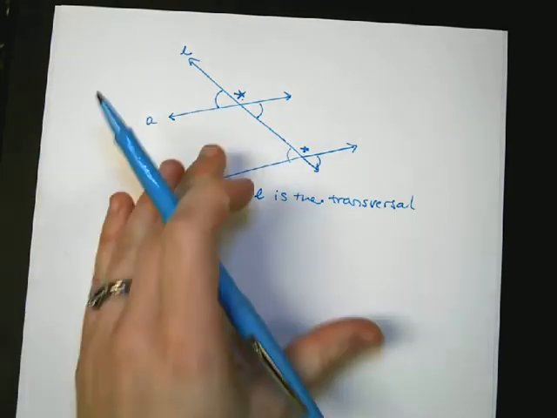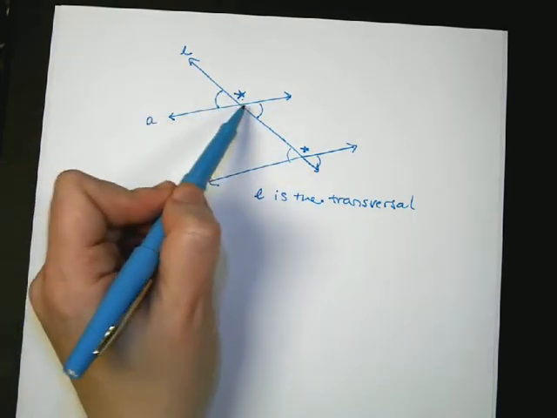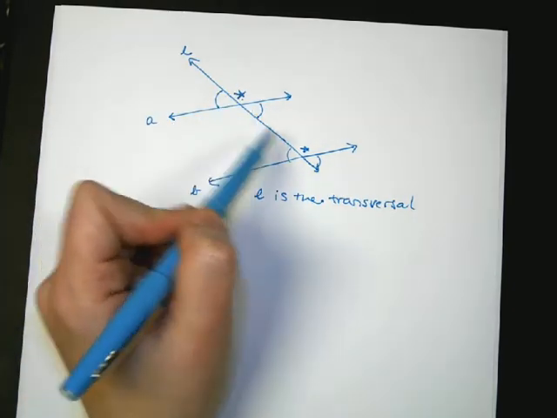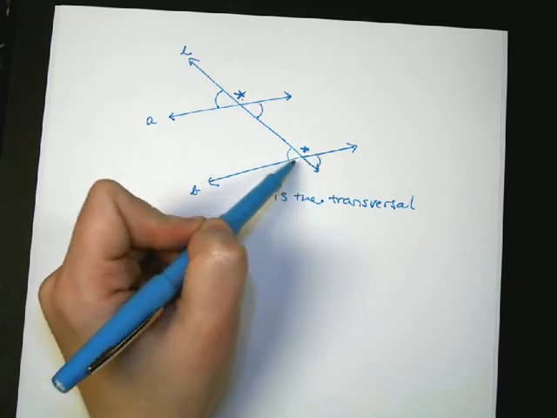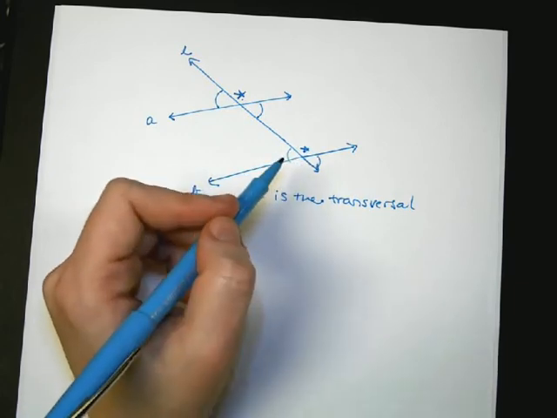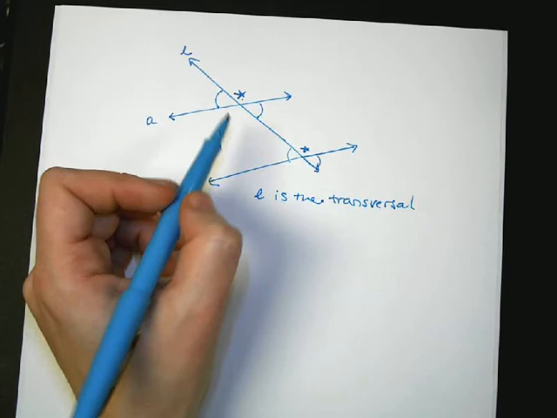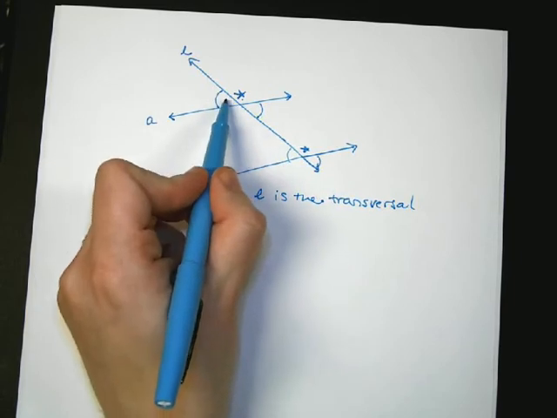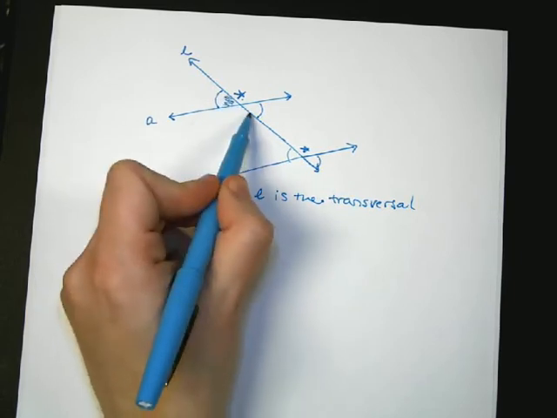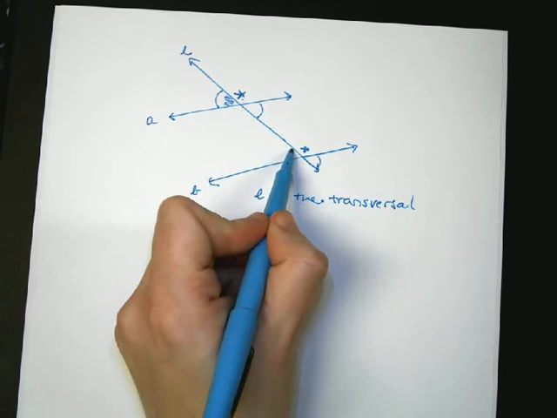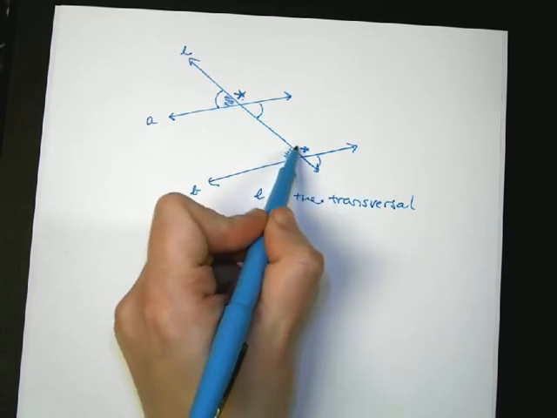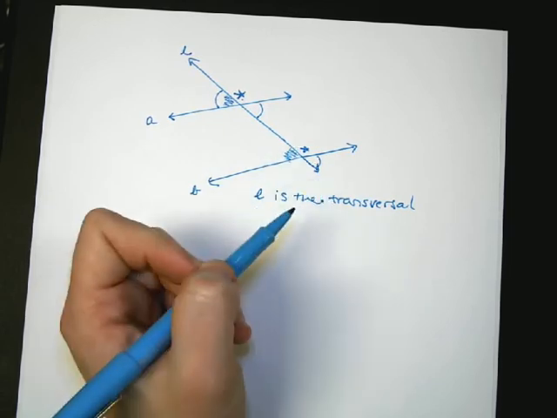Yesterday's new pairs were relationships formed between two different intersections along the transversal. We could have corresponding angles, which are in the same position. If this was upper left, then we had another upper left angle at the second intersection. Those are corresponding.